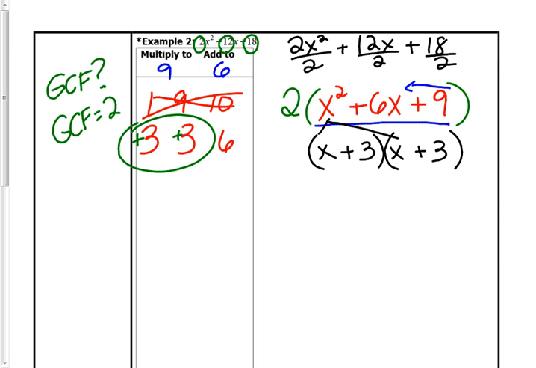So if we look, the 9 split to 3 and 3, and then 3 plus 3 is also 6, so this works. So what happens to my GCF, though? Remember, I took that 2 out first? Well, the 2 has to stay there. We can't just make it disappear, so we just bring it down in front. Okay, so my final answer here would be 2 parentheses x plus 3 parentheses x plus 3.